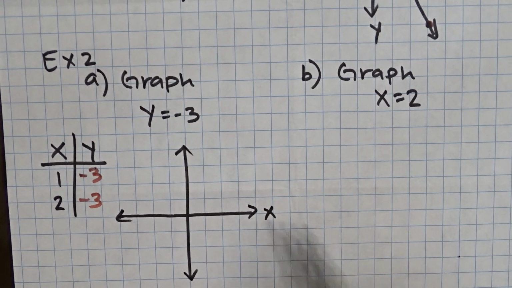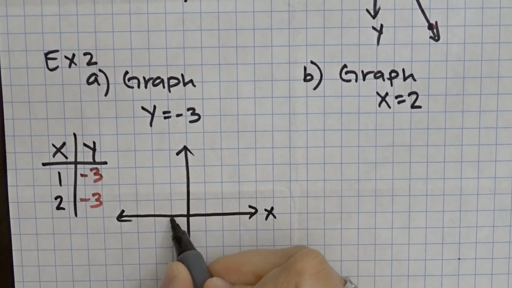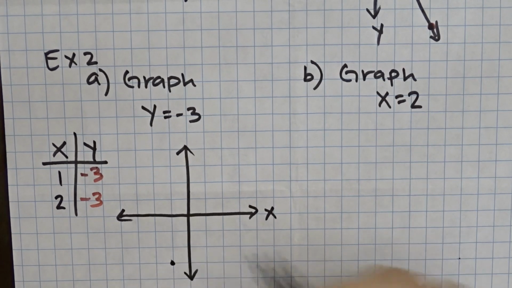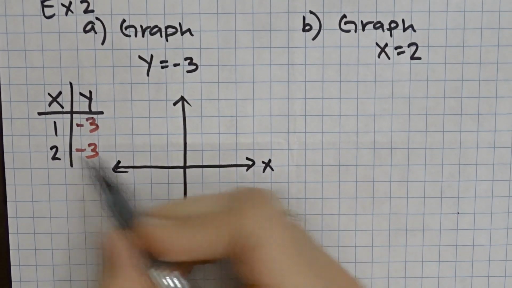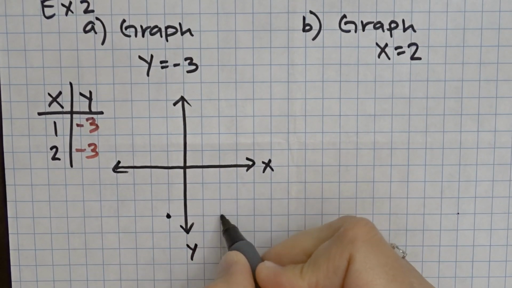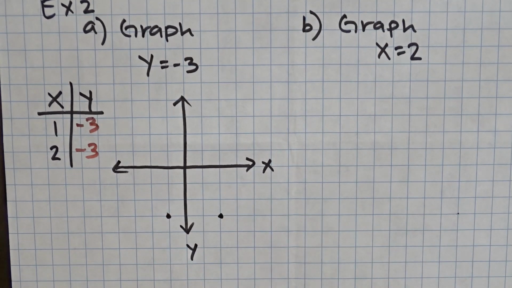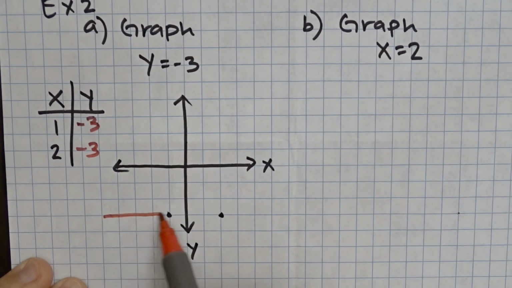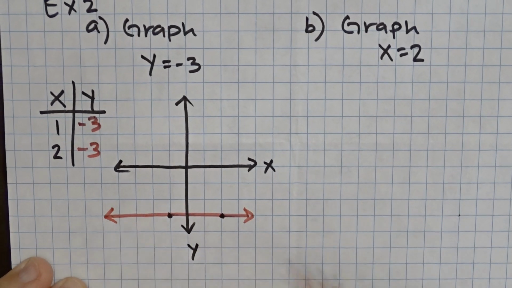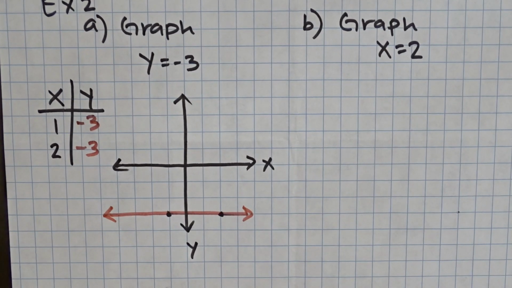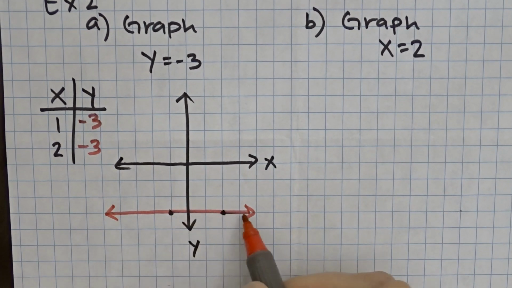So, 1, -3. 2, -3. And those are the 2 points I needed. And what does it look like when I graph a line going through those 2 points? It's this horizontal line, where all your y coordinates are -3, right?